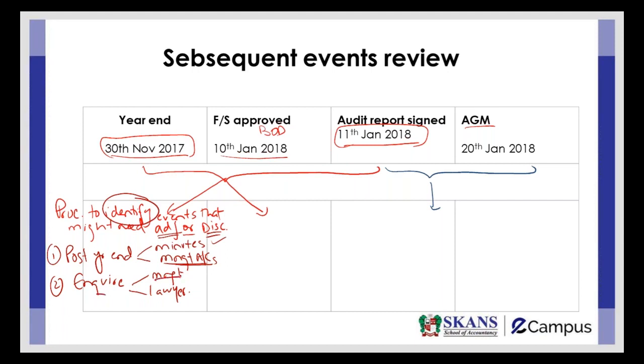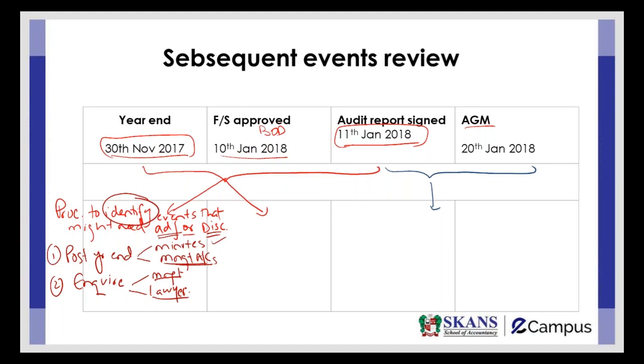So simply ask the management until the 11th of January, has something happened? Is there something I should be aware of? Also inquire from the lawyer. So, you know, the company's legal advisor, just ask them until the 11th of January if there's any event which has happened that he's aware of that we should find out about. There's a lot more work you can do.